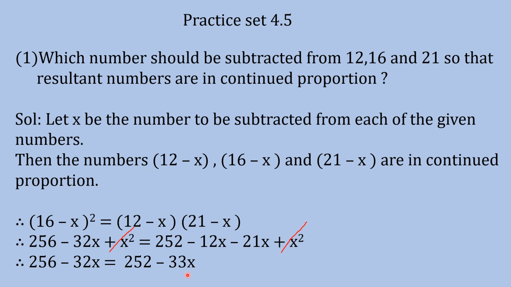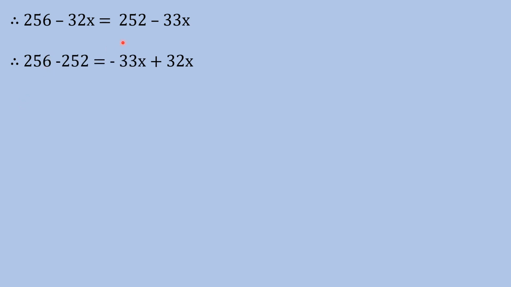Now we'll bring the numbers to one side and the variables to the other side. I brought the 252 to the left hand side, where it became minus 252, equal to minus 33x. Now this minus 32x will come to the right hand side and become plus 32x. So 256 minus 252 gives 4, equal to 33x minus 32x plus 32x, you'll get minus x.